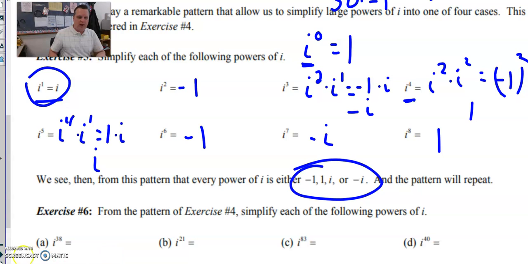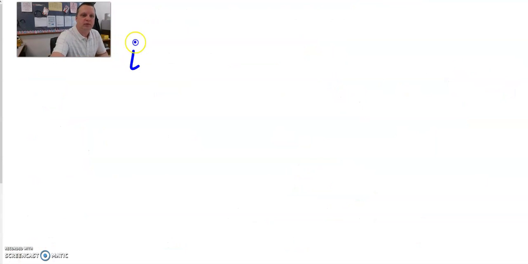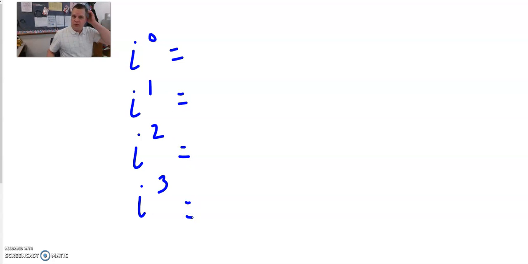Okay? Now, what I like to do, let me move this over again a little bit. What I like to do is I like to do I to the 0, I to the 1, I squared, I cubed, because the first two you can get easily. Anything to the 0 power is 1.